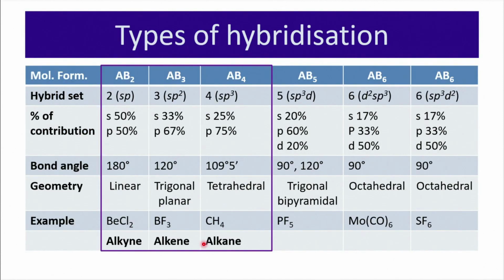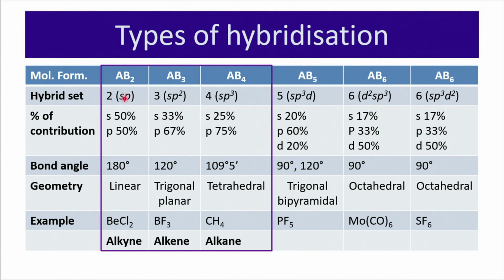Let us look at a little bit more detail about hybridization. We have given some general molecular formulas here: AB2, AB3, AB4, AB5, AB6. There are two variants, and the hybrid set is also given here. The AB2 type molecules are formed by sp type hybridization. The resulting hybridized orbital will have 50% s character and 50% p character.